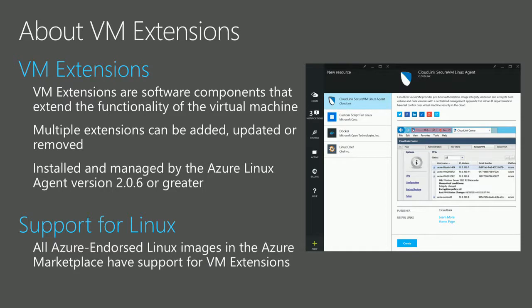That's why I said earlier the Linux agent is very important. Since 2.06, we started to support VM extensions. So remember, if you want the extension ability, you need the Linux agent at 2.06 or higher. And you can apply these extensions either through a PowerShell command or through the Portal, and we'll do a demo later.